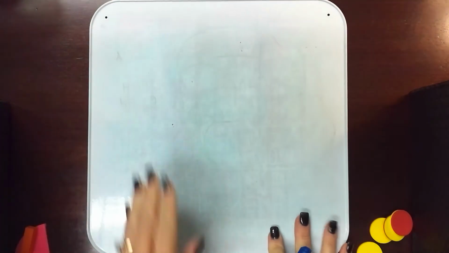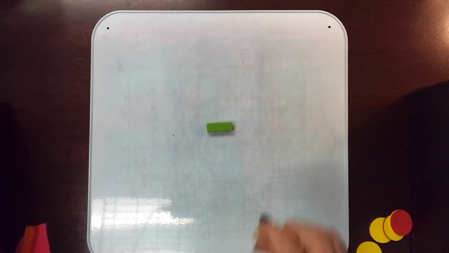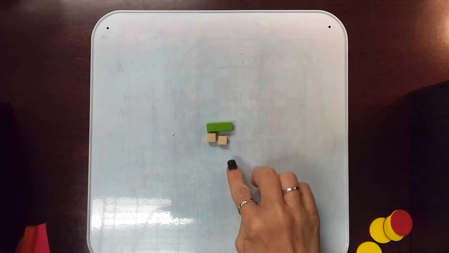So, I'm going to make a fraction here for us. I'm going to use my Cuisenaire rods because they are my absolute favorite. With Cuisenaire rods, any one of the rods can be a whole. That's what I love about them. It's so flexible.